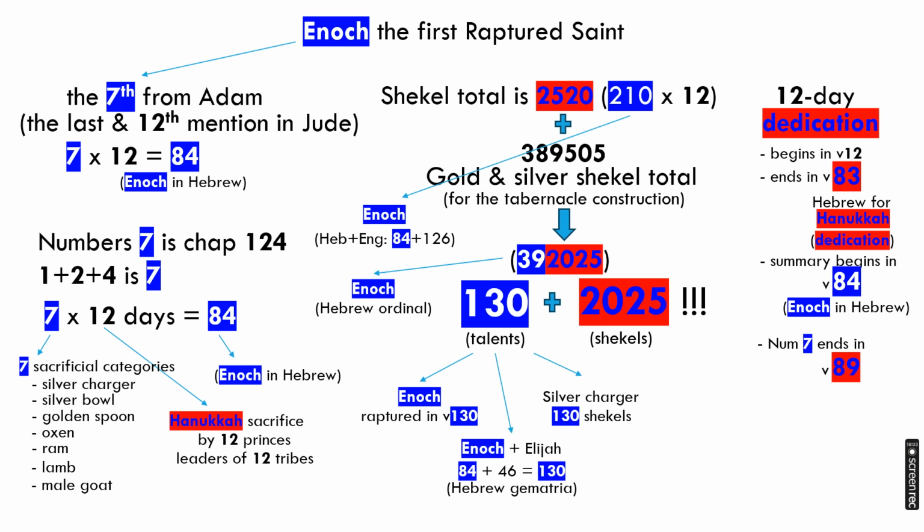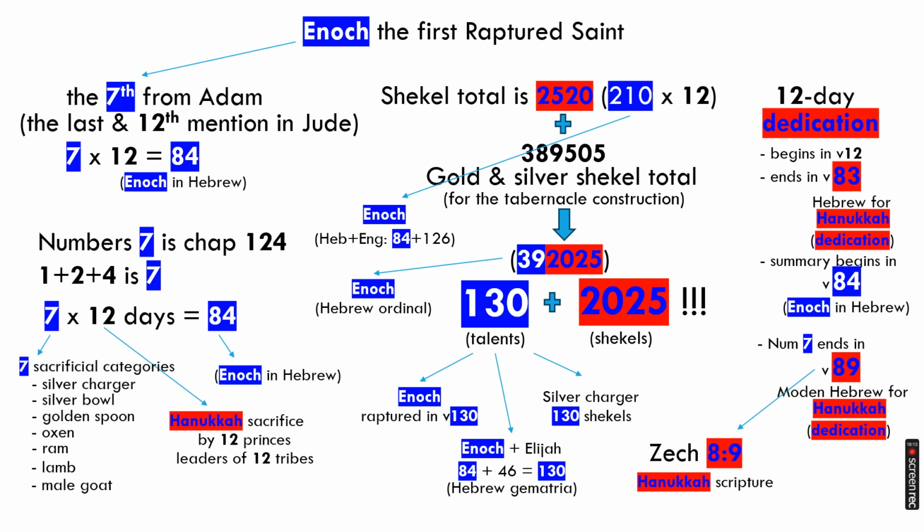The last verse of Numbers chapter 7 is 89, which is the modern Hebrew value for Hanukkah. The other temple dedication scripture is Zechariah 8:9, coinciding with 89, the modern Hebrew value of Hanukkah. So we can see how Enoch is so significant and is present throughout the hidden codes.